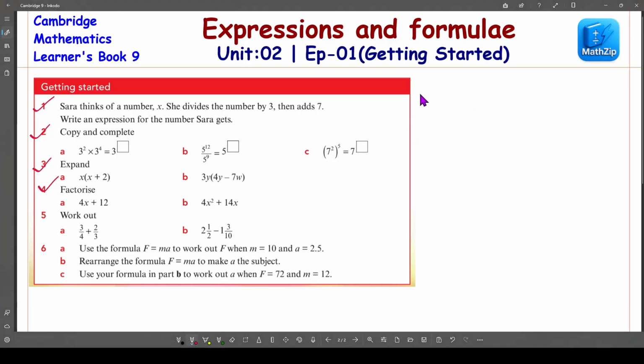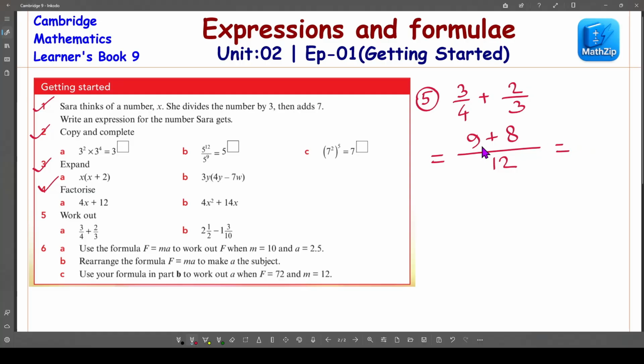Number 5, work out 3 by 4 plus 2 by 3. So this is a normal thing. 4 and 3 are co-prime numbers, so once we take the LCM, the result will be 12. So 12 divided by 4 is 3, 3 times 3 is 9, plus 12 divided by 3 is 4, 4 times 2 is 8.